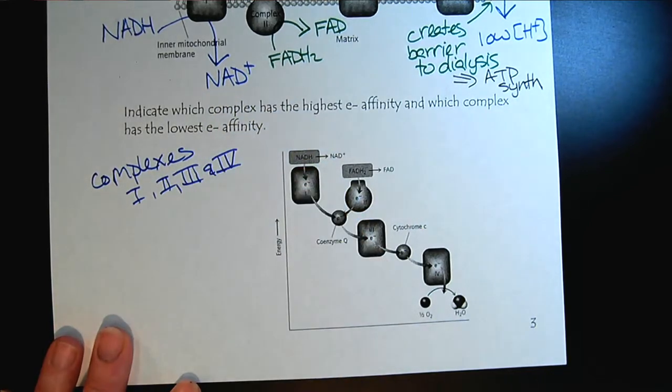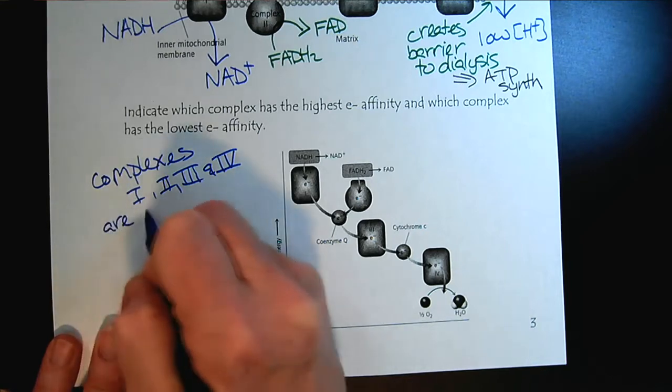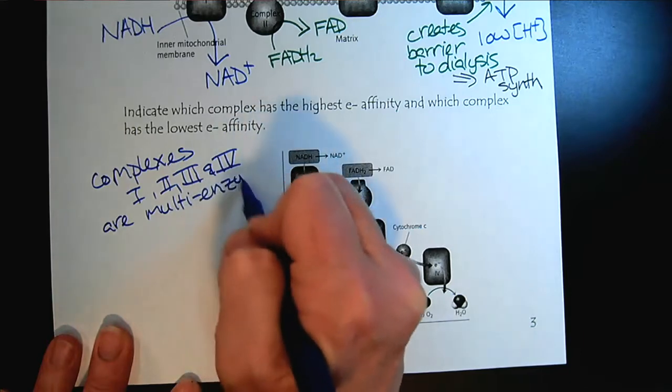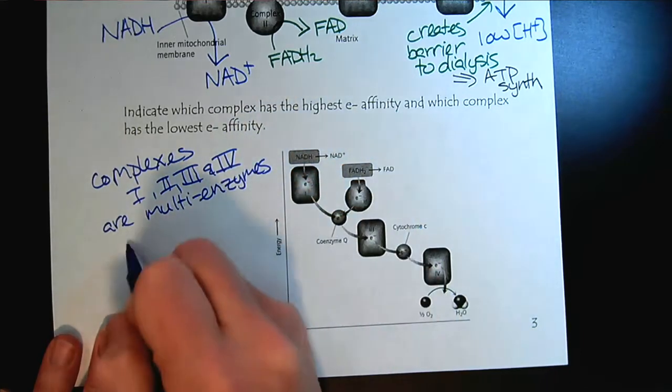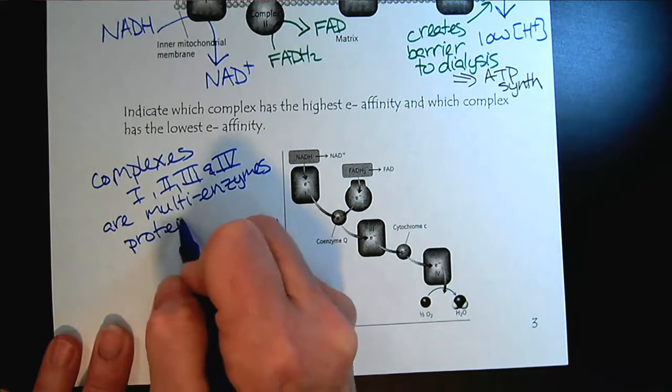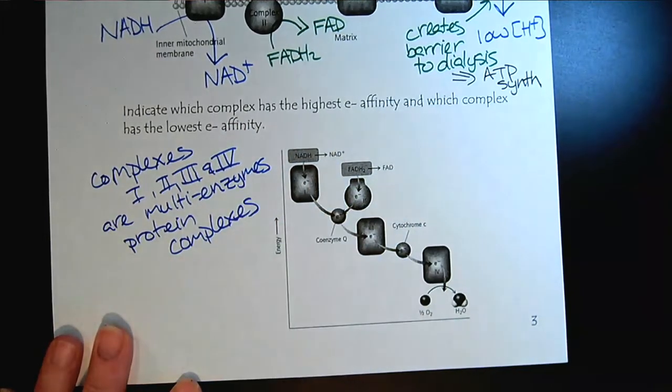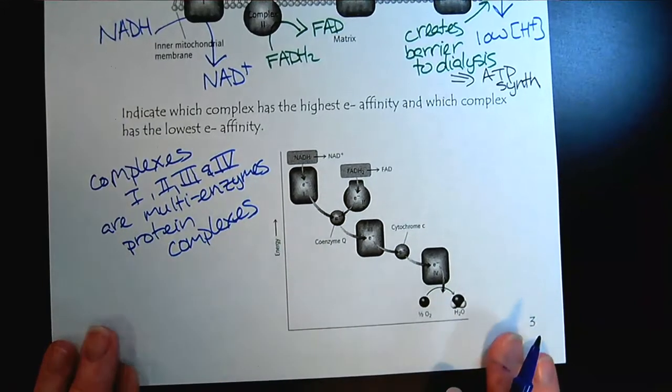They are complex, right? So we're going to simplify them. It's important to realize that they have multiple enzymes, right? They are multi-enzyme protein complexes. So we are definitely having some oversimplifications.